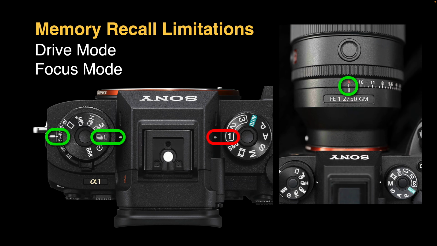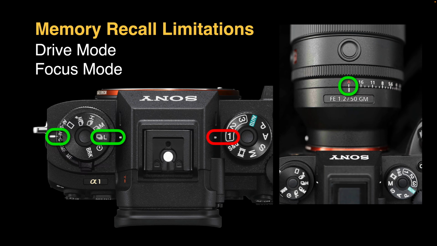The memories can't override those. So when you do dial in to recall most of your settings, you'll glance down to your drive mode and focus mode to make sure those are appropriately set. For instance, if I'm dialing in Action 2, I might move the drive mode from low to medium or high, so I get more frames per second.